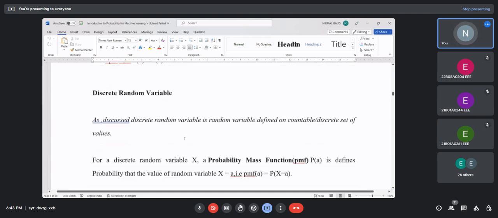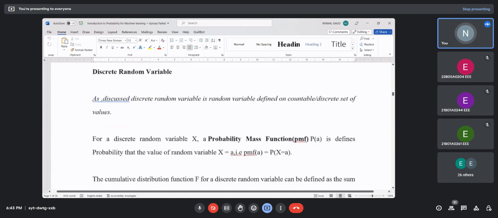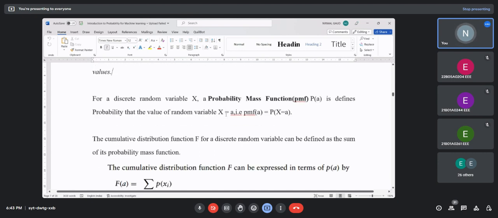Okay, so now the next thing is discrete random variable. So as discussed above also, a discrete random variable is a random variable that is defined over countable values. Okay, countable.